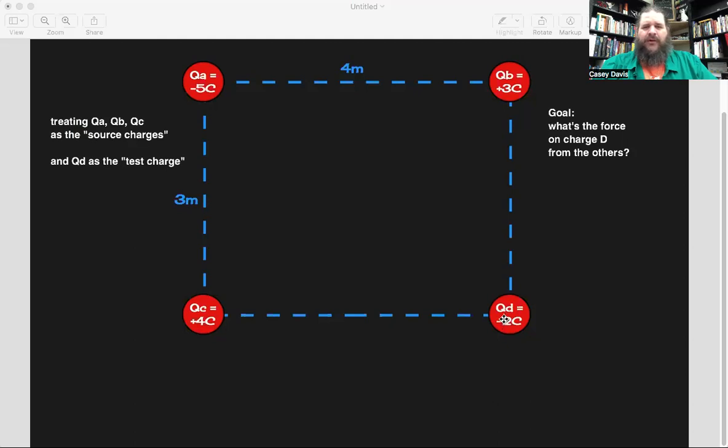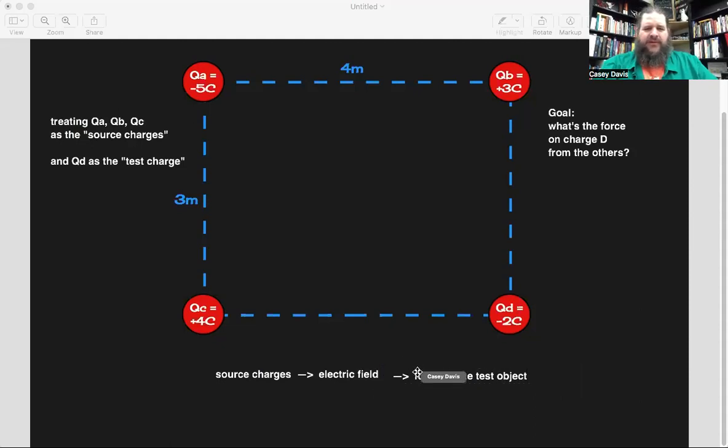For the test charge, what we typically do is use these source charges to create the idea of an electric field. So the source charges create an electric field in the space around them, and then the electric field creates a force on the test object.